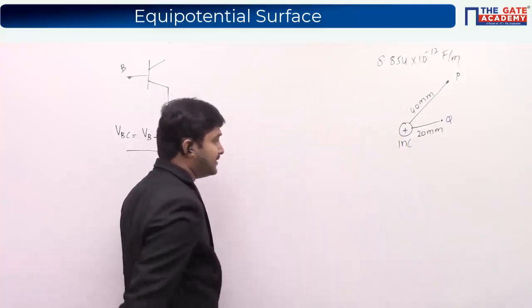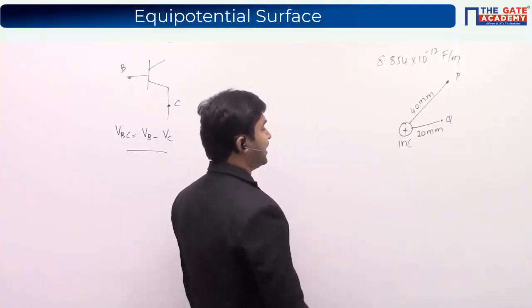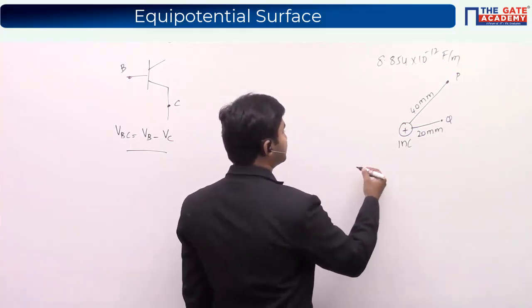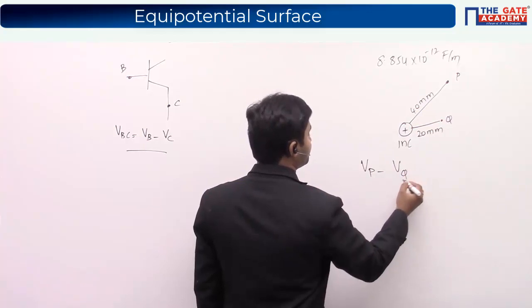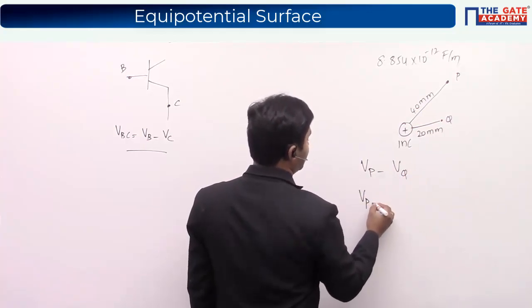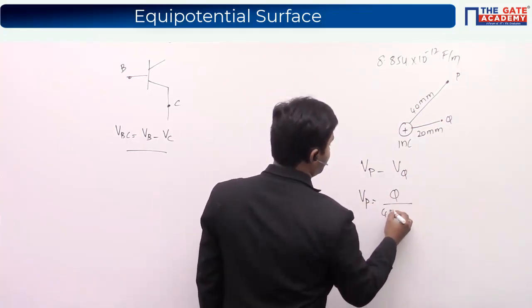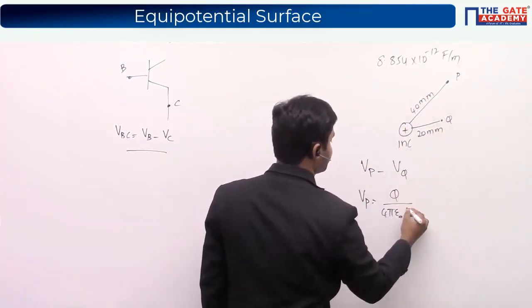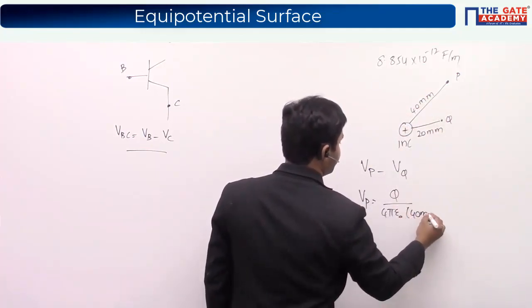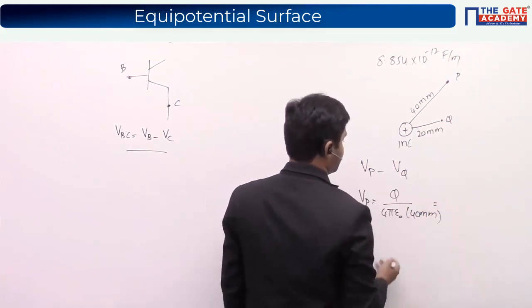Now coming back here, because the potential difference between P and Q points is given, I will be finding VP minus VQ. VP is nothing but Q divided by 4 pi epsilon naught at the distance of 40 mm. What is Q?